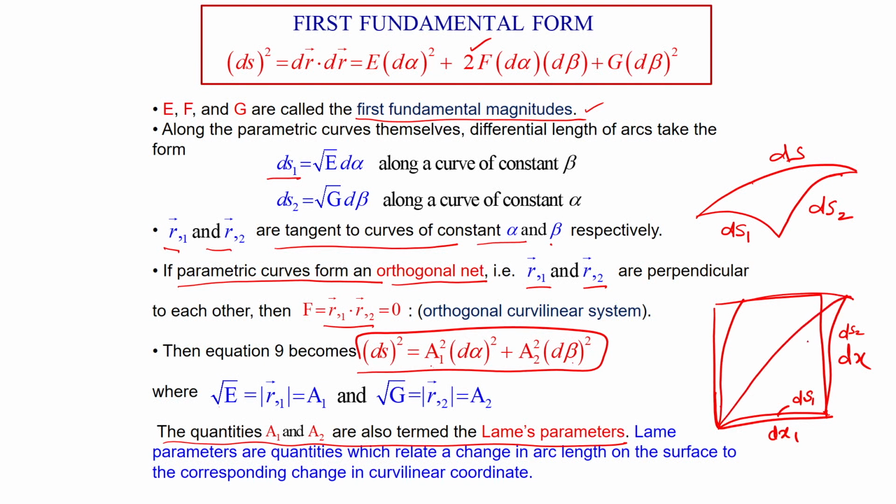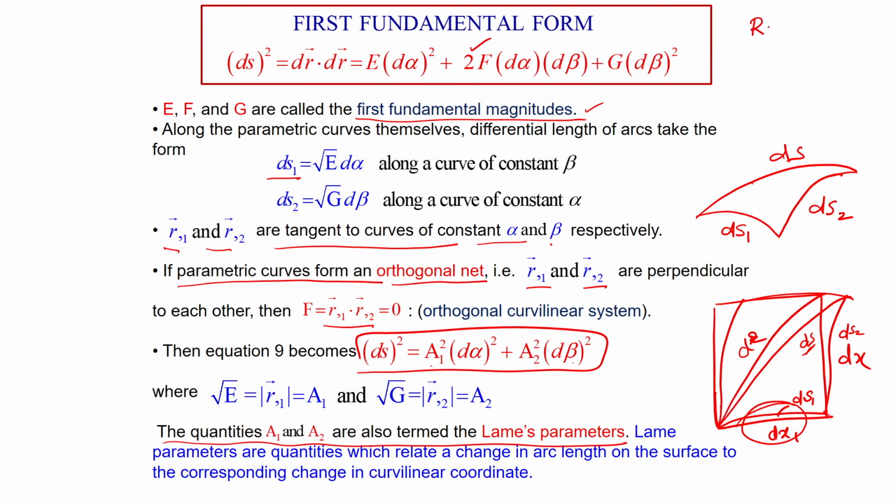This is your ds and this is your dr. So, this tells you the distortion. What is that? A1 is a distortion parameter, or measure of distortion. A2 is also a measure of distortion, in the arc length along the second direction. So, we can find out the arc length of a curved surface. And A1 and A2 are very important parameters to define the shell surfaces.